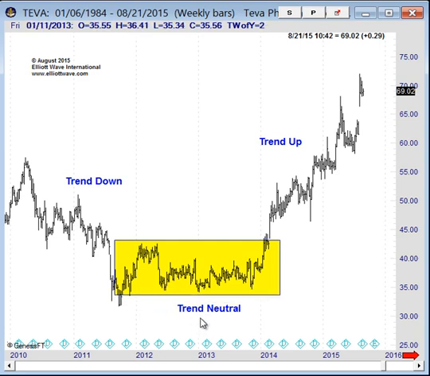This is a non-trending market environment. And this is actually that period of time where personally I don't like to trade at all because the market's moving sideways. There's no real opportunity to take advantage of any type of price increase or price decrease. Once that period was over in 2013, the market moved then to the upside.